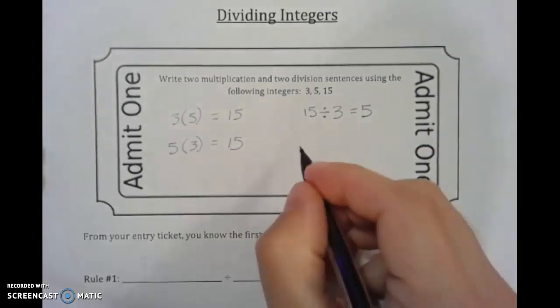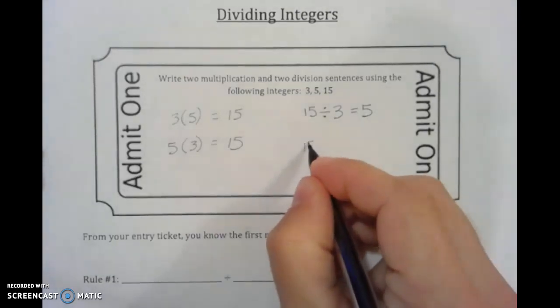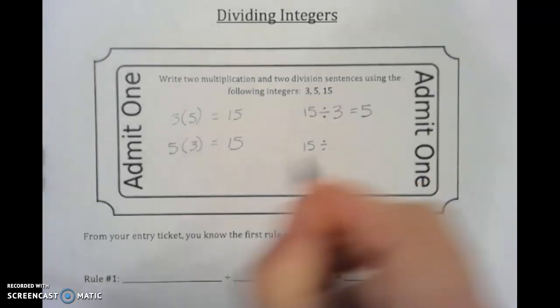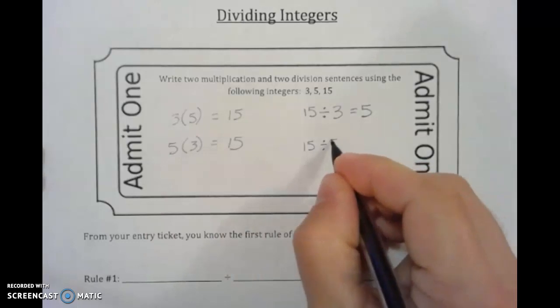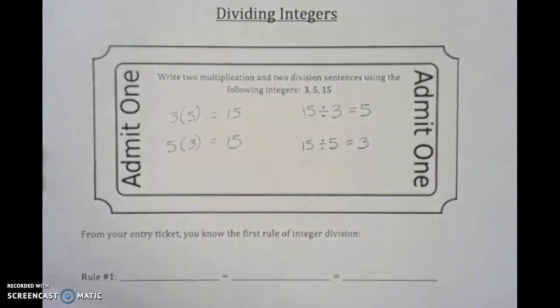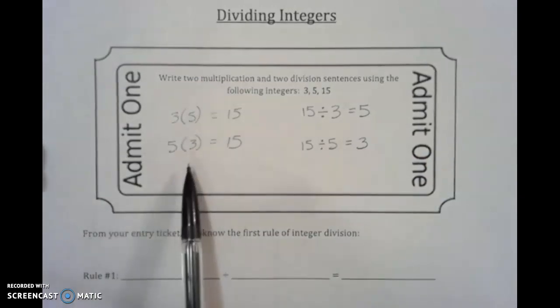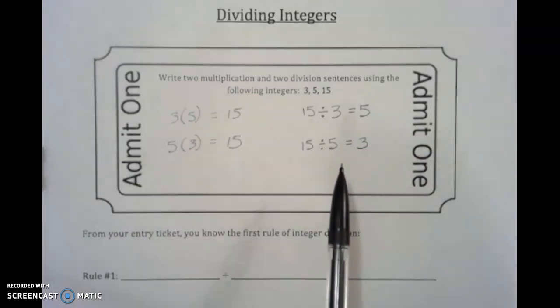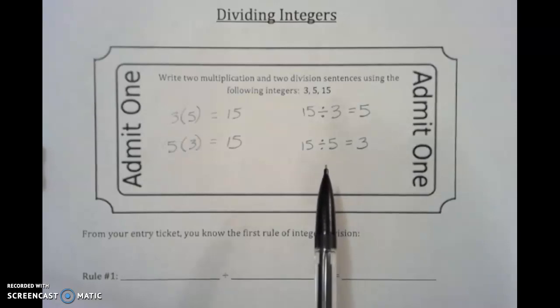Similarly, if I take the 15 and divide it by the 5, this time my answer has to be equal to 3. Okay, so these are the 2 multiplication and 2 division facts that we know for the numbers 3, 5, and 15.